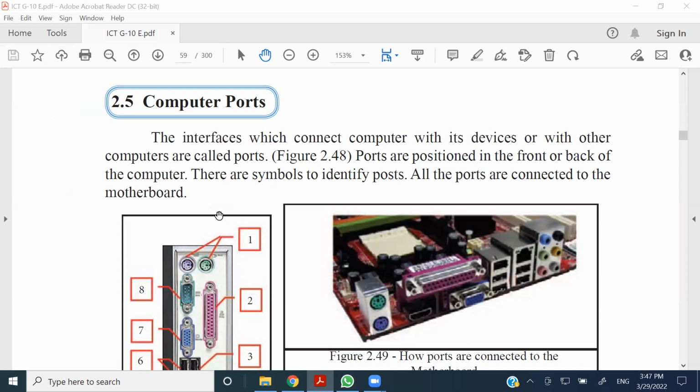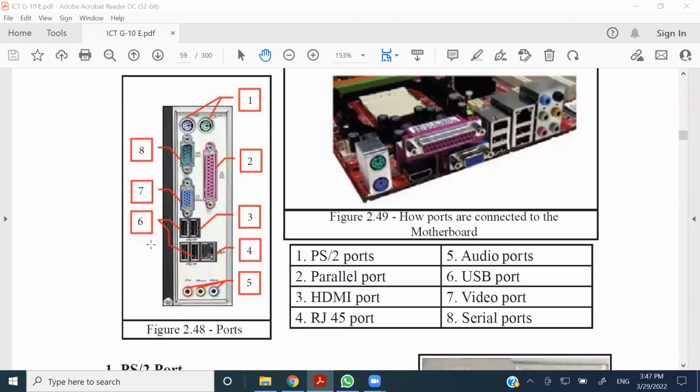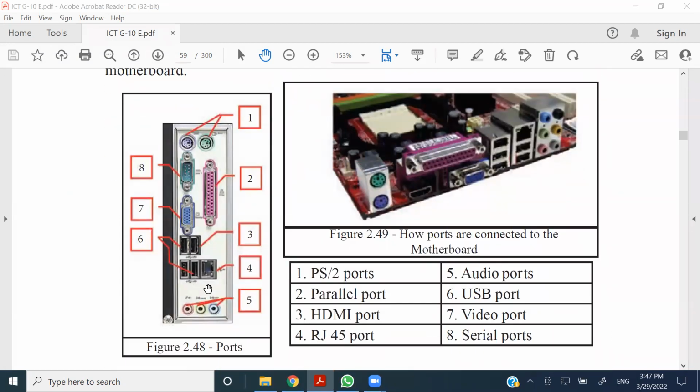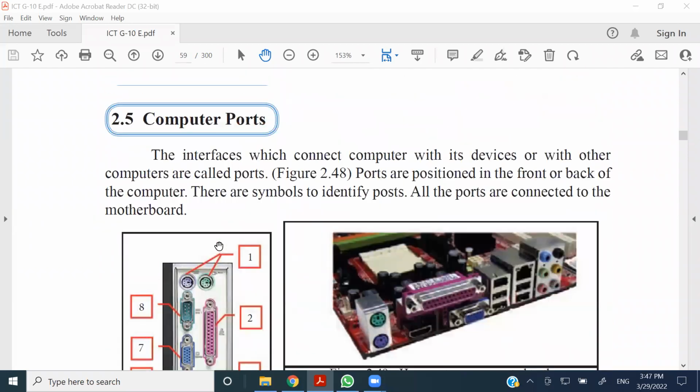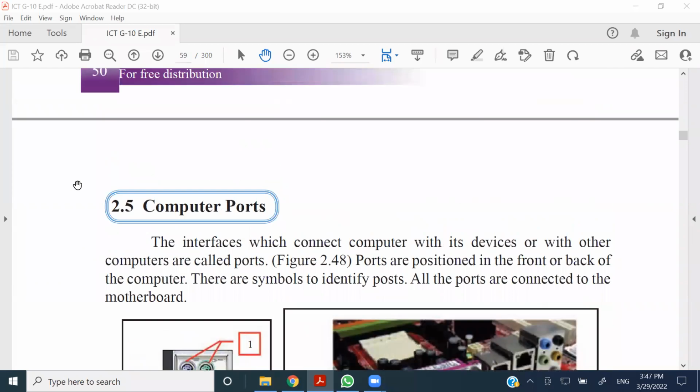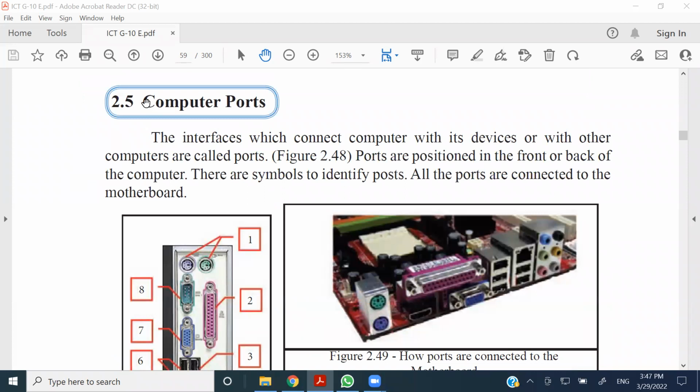Okay, so let's quickly write these things down. It's better if you can have this picture in your book, like a printout or a photo, so it will be easier for you to remember. Anyway, just write the heading, computer ports.